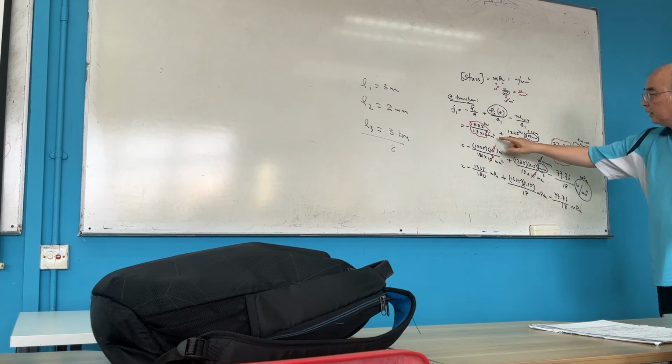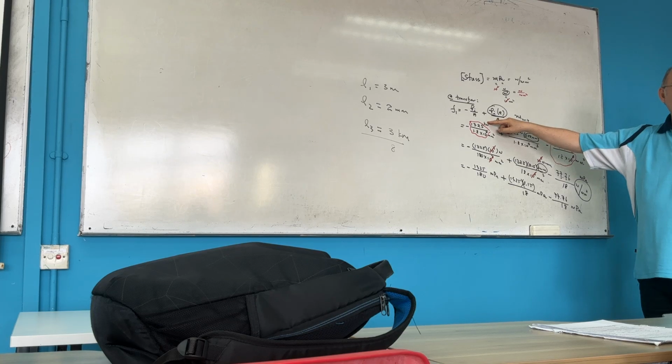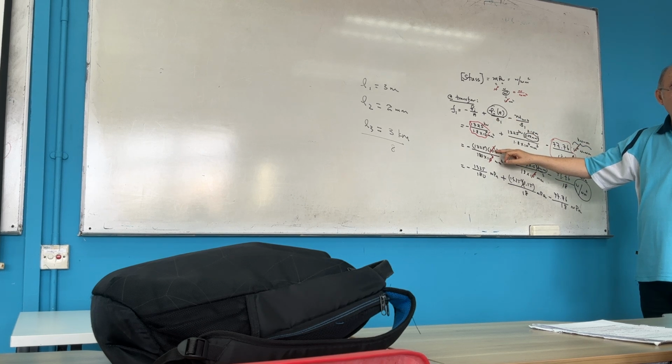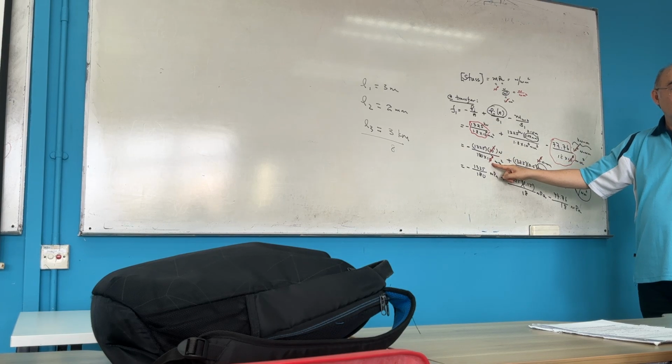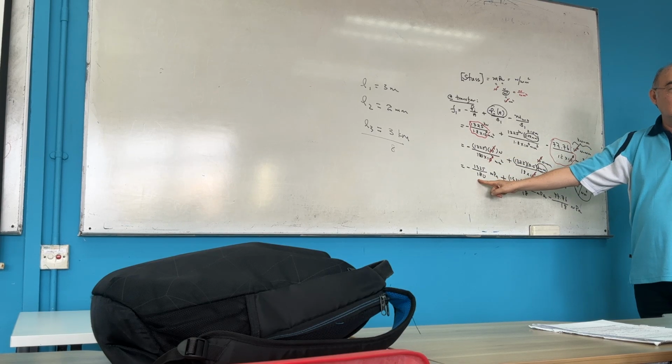So never mind, we keep this millimeter square, millimeter cube here, millimeter cube here. Then we change this one. Kilonewton, we change it to 1000 Newton. Okay? Change to the 10 to the 3. Then you cancel this. Understand? Okay? Then what you have is you just use 1325 divided by 180.